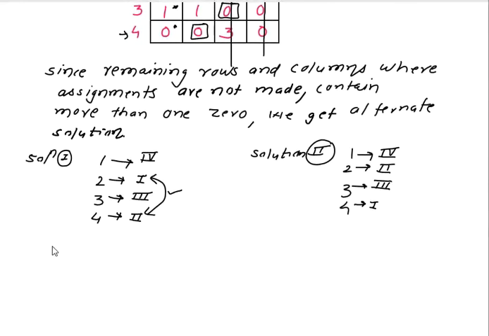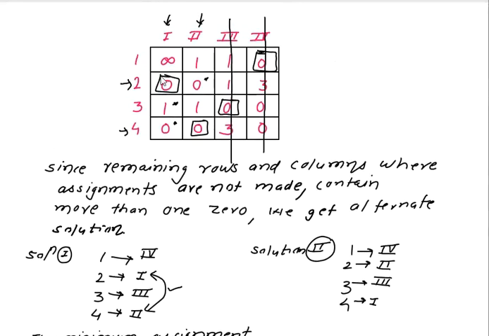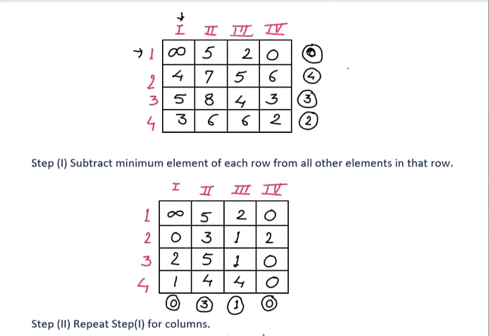We will find the assignment cost. The minimum assignment cost is: in the first case, what are the cells in which assignment is made? This is cell C14. What is the cost in C14?